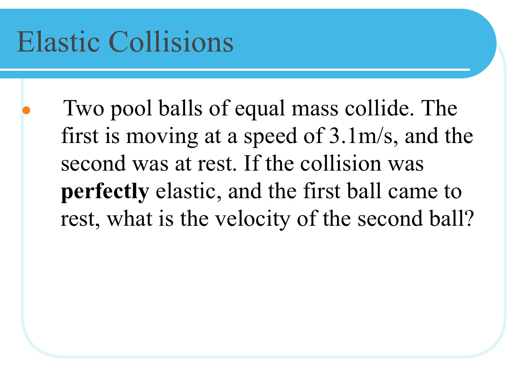What is it? It's 3.1, right? Because if the first ball is moving 3.1 and the second one is at rest, that means after the collision, the first one comes to a stop, and the second one is now moving 3.1 meters per second, right?